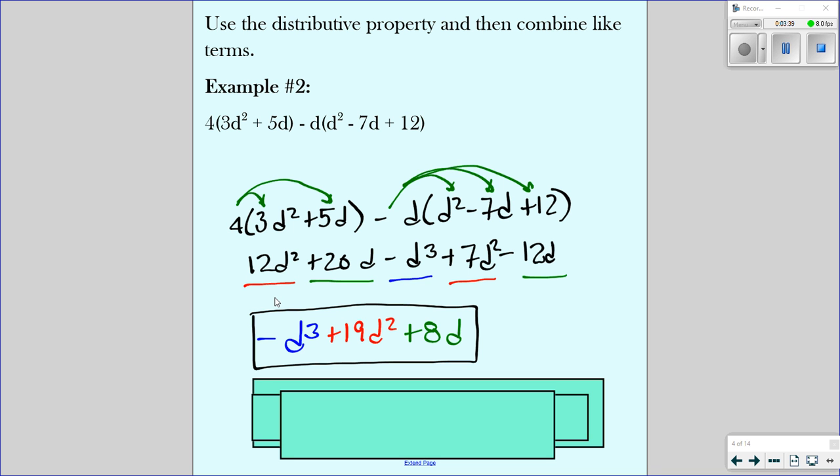So I start with d to the third, that's my highest degree, and I'm counting down until I get to d to the first power. And of course, like I said, make sure you pay attention to your signs, and all that good stuff.